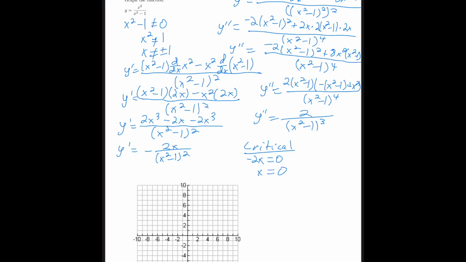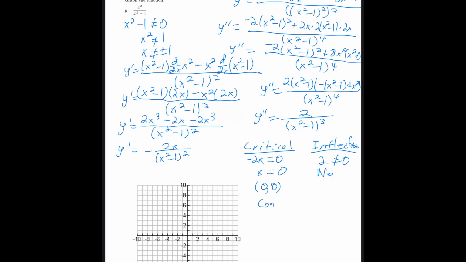Okay. So then from those, the critical points: negative 2x equals 0, so x equals 0. There's a critical point. And over here, for inflection points, 2 has to equal 0, which can't happen, so there are no inflection points.